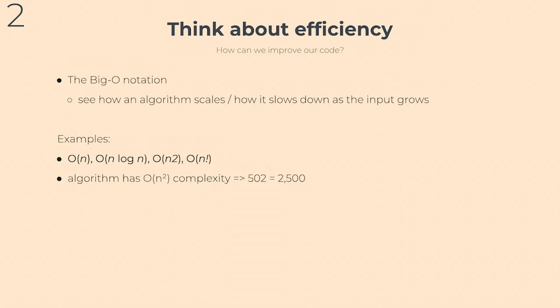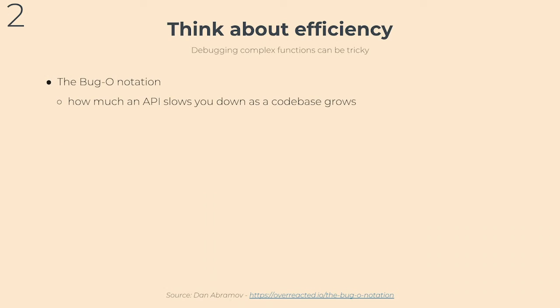I've read a really interesting blog post by Dan Abramov, and he basically explains not the so-called big O notation, but the bug O notation. So this actually tells you how much an API slows you down as your code base grows. And in this case, we don't want to talk about algorithms or performance itself, but debugging is really important.